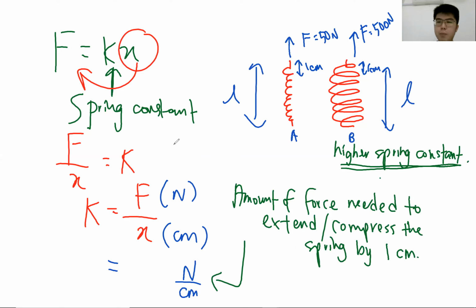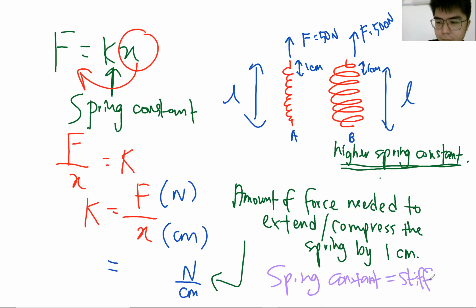Another perspective on the spring constant: you can think of it as the stiffness. I write down here, spring constant equals the stiffness of the spring. So what does stiffness really mean?